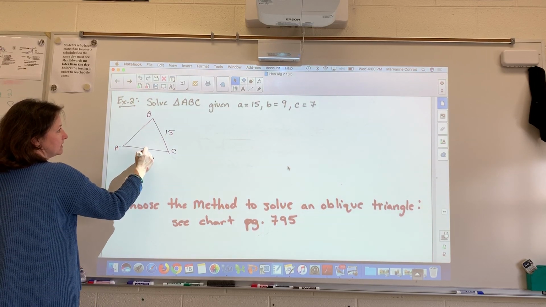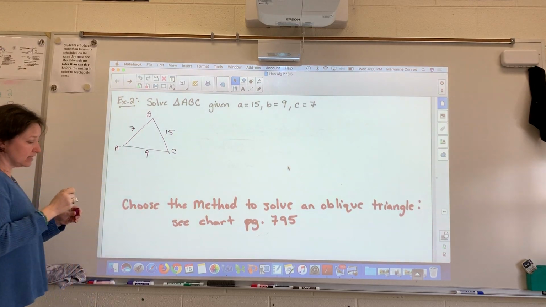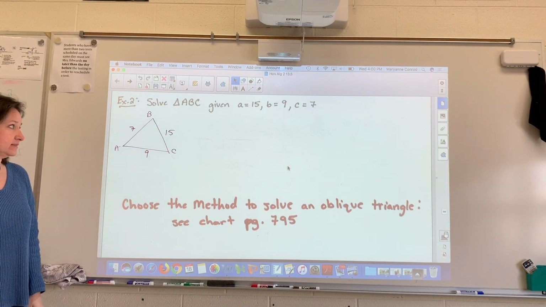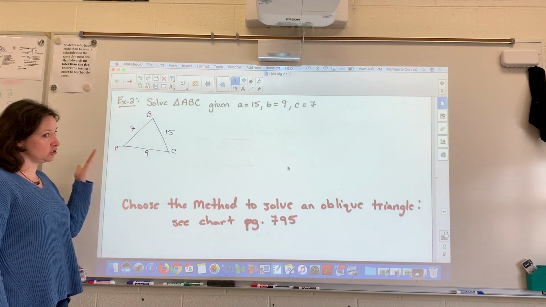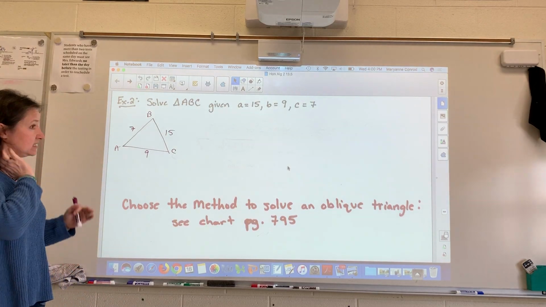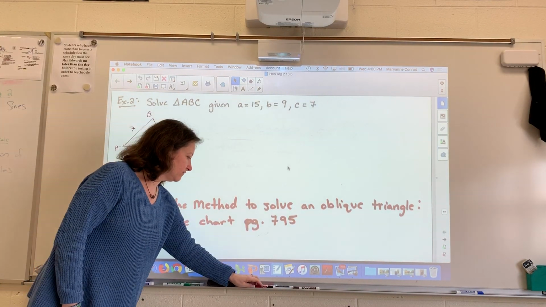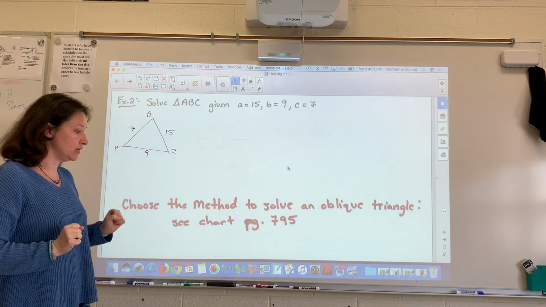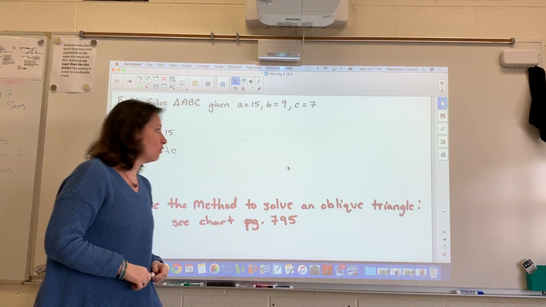I know little b is 9. I know little c is 7. Clearly, I did not draw this to scale because which side should be the longest? Side A. 15 should be longer than the 7 and 9. So this is not drawn to scale. 15 should definitely be the longest side, which means angle A should end up being the largest angle.